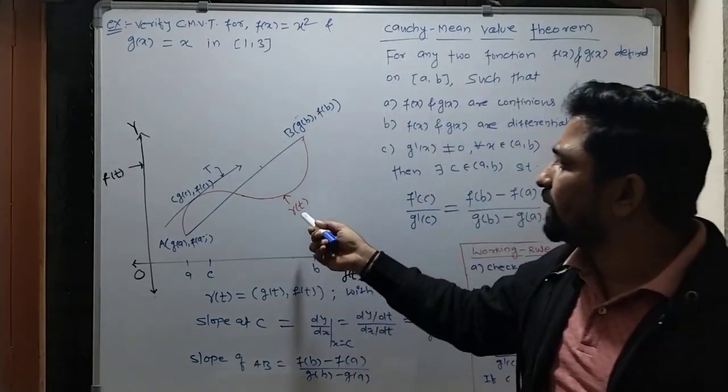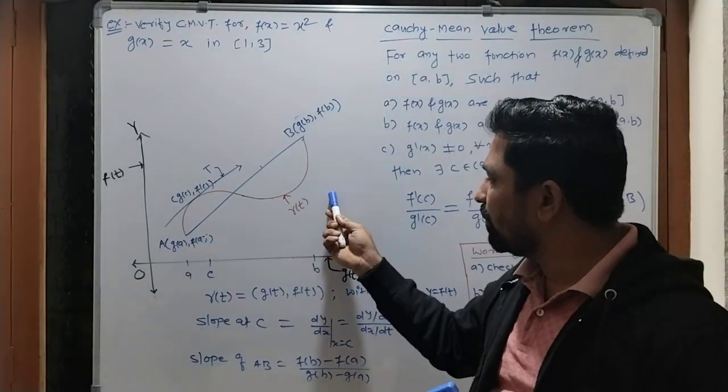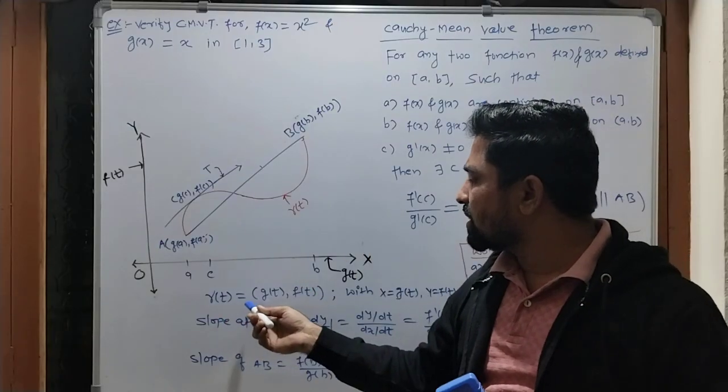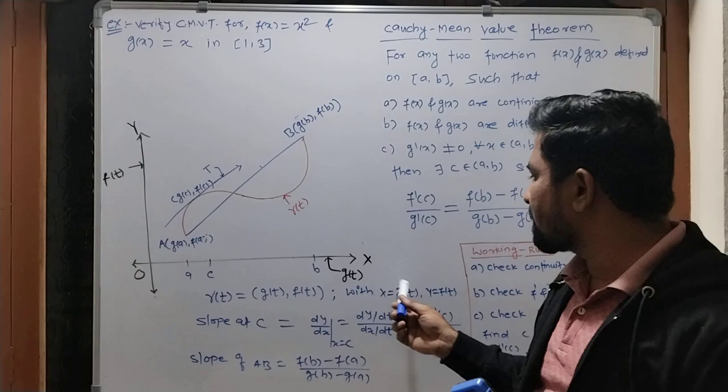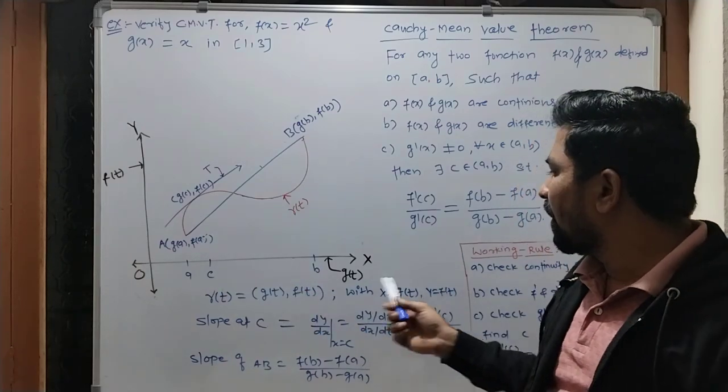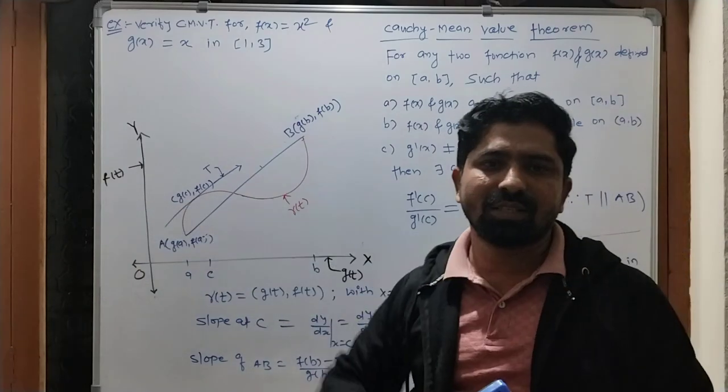Let gamma(t) be the parametric curve defined at t as (g(t), f(t)), where g(t) is my x axis and f(t) is my y axis.